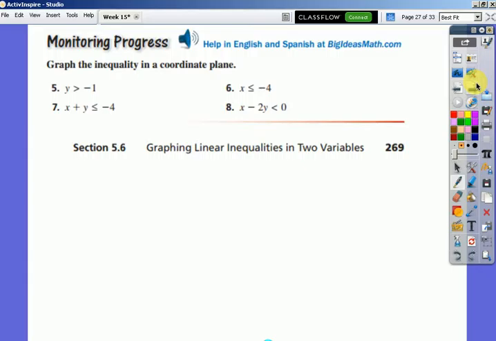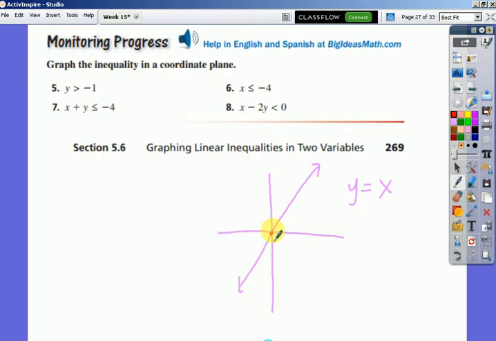If you graph a line, and we test values to determine the direction that we shade. If you graph a line, this is the line y equals x, we see that the line is on or crosses the point 0, 0 at the origin. Anytime it crosses the point 0, 0, I cannot use that as a test to determine where to shade.